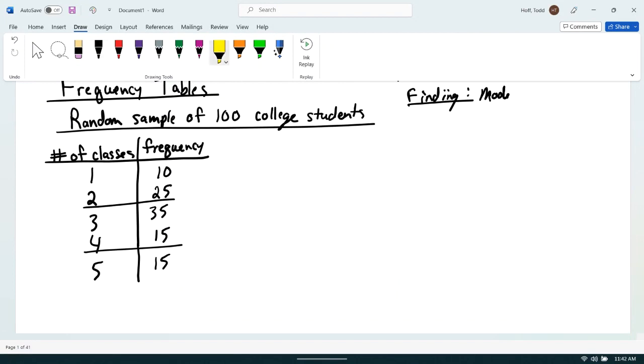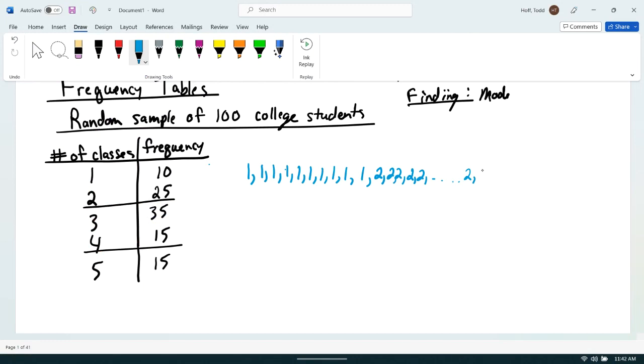In this set of data, the number that occurred the most often is the 3. There's 35 of them. That's what the frequency means. Remember, what that frequency is telling us, the 10 for the ones is saying we really have 10 ones. 1, 2, 3, 4, 5, 6, 7, 8, 9, 10 ones. And then we have 25 twos. Well, I don't want to write out all 25 twos, but you get the picture.